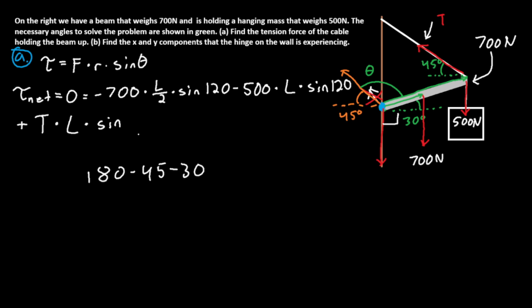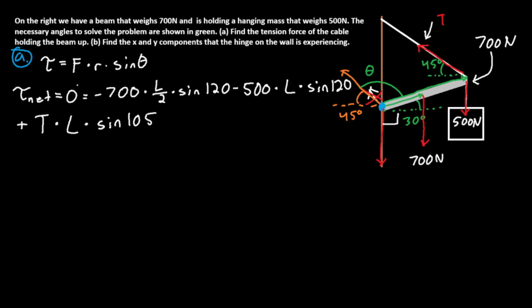So 180 minus 45 minus 30 is 105. So the angle between the tension force and the distance vector is 105. So now that we have this entire thing, we know that this is equal to 0.